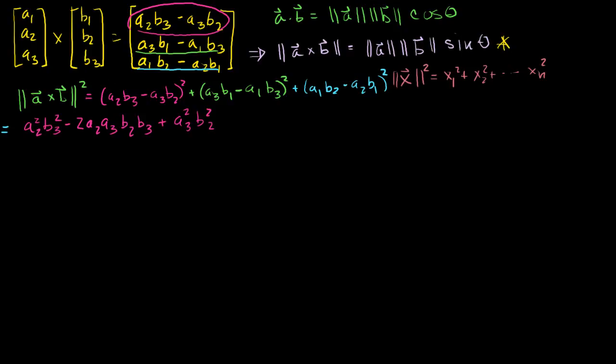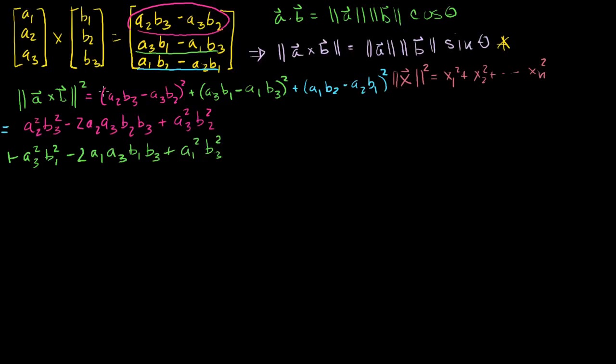And then I have to add this term. So plus a3 squared b1 squared minus 2 times both of these terms multiplied, minus 2 times a1 a3 b1 b3, plus that term squared, a1 squared b3 squared.